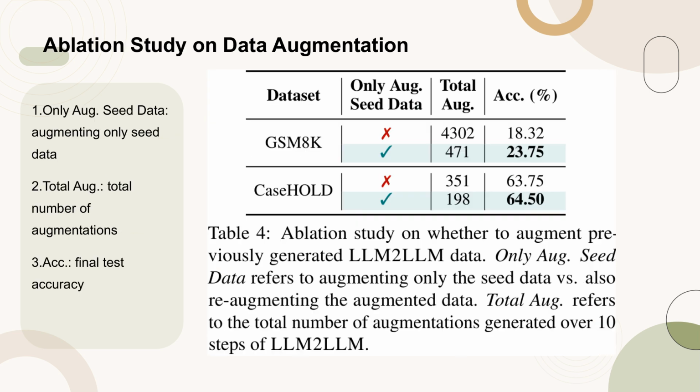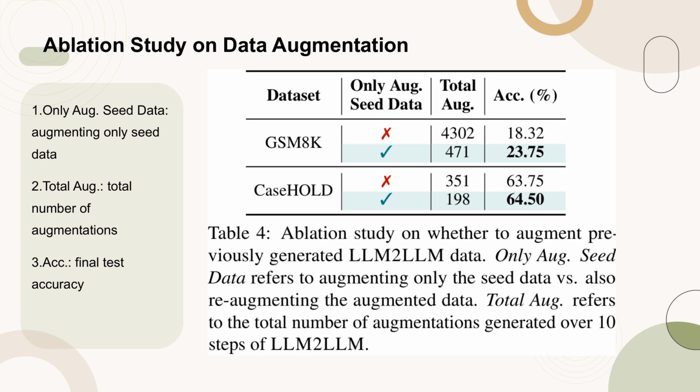Table 4 presents an ablation study on the effectiveness of augmenting previously generated LLM2LLM data. The study compares augmenting only the seed data versus also re-augmenting the augmented data. The "Only Aug Seed Data" column indicates whether only the seed data is augmented. The "Total Aug" column represents the total number of augmentations generated over 10 steps of LLM2LLM.